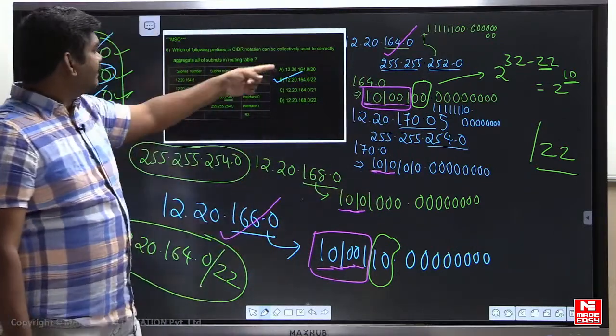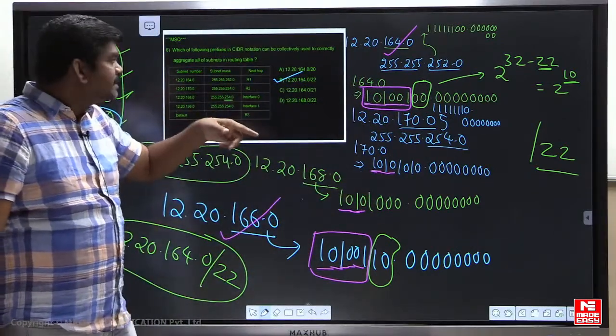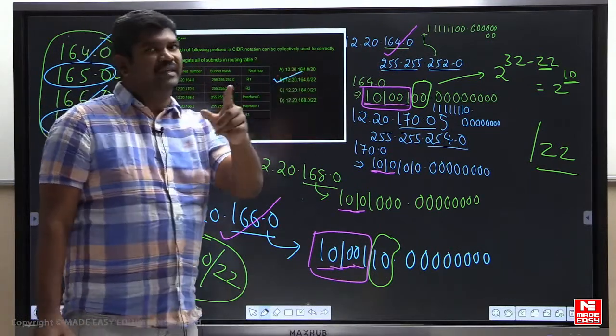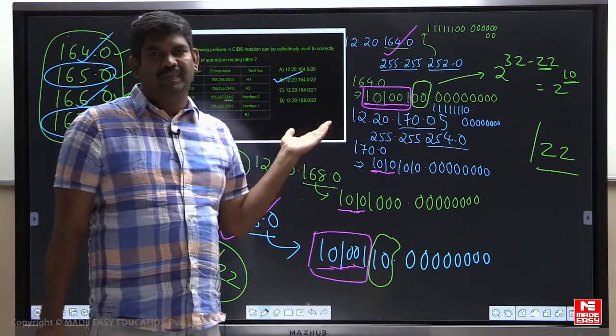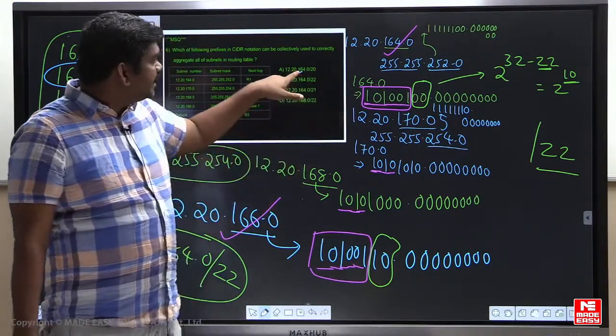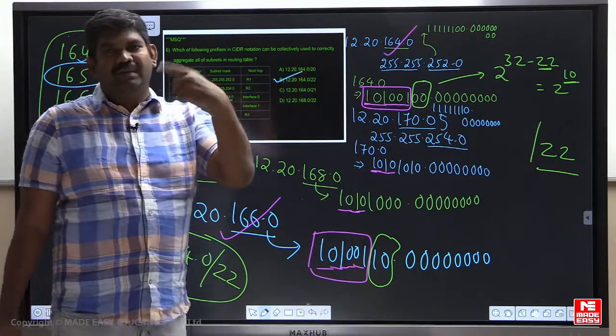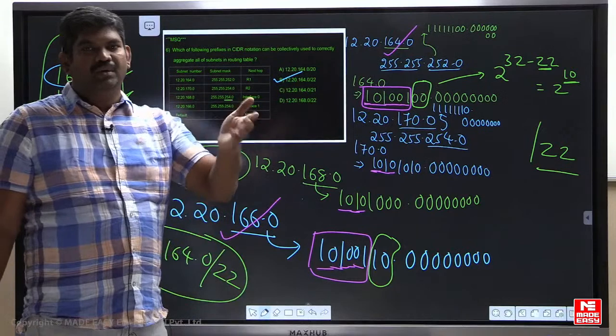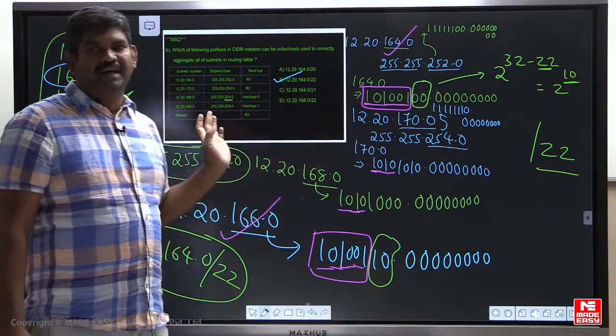But 160 is not available in the option. If it is given 12.20.160.0/20, then it is correct, but that is not available here. So as per the rules of supernetting, if in option A, in place of 164, it is given 160, then you can take that as the answer also. So I am telling you how to eliminate and how to get the correct answer actually.